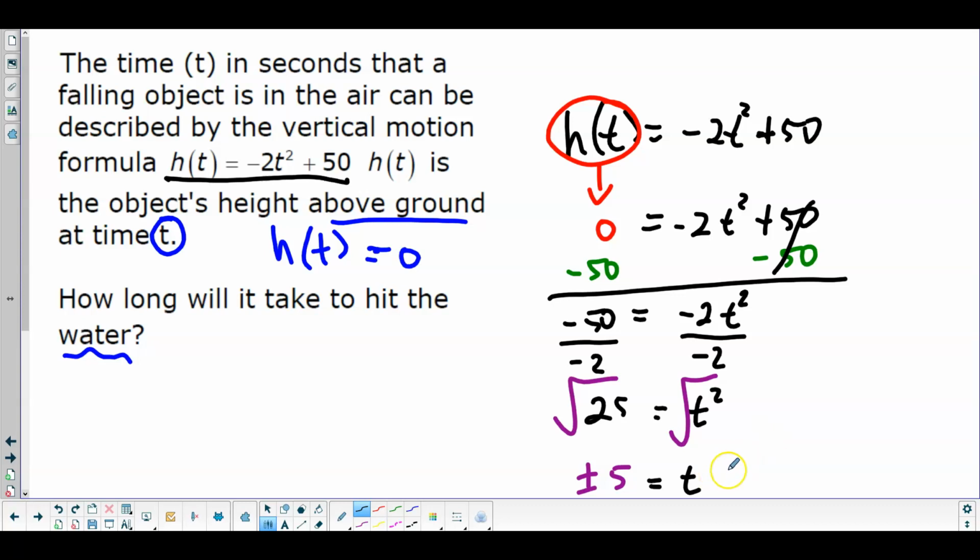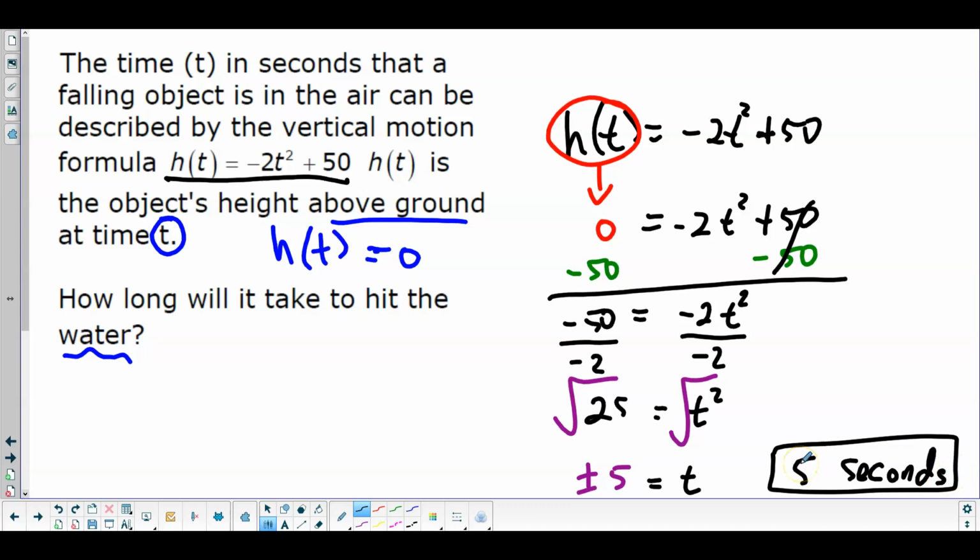So in this case, it's going to take 5 seconds for this object to hit the water. Positive 5 seconds. Even though plus and minus 5 is your answer for t, we're only going to use the positive answer because this is a time value.